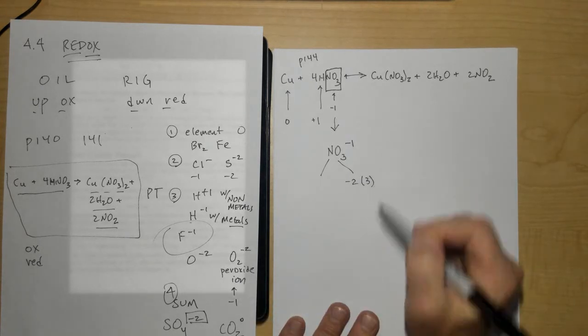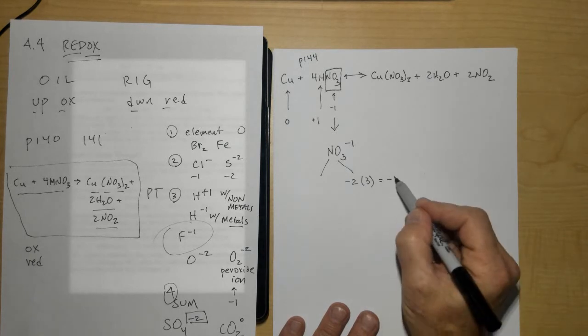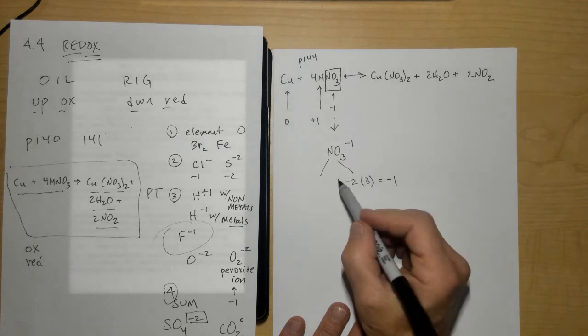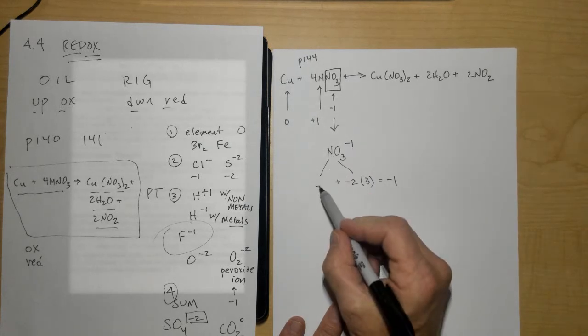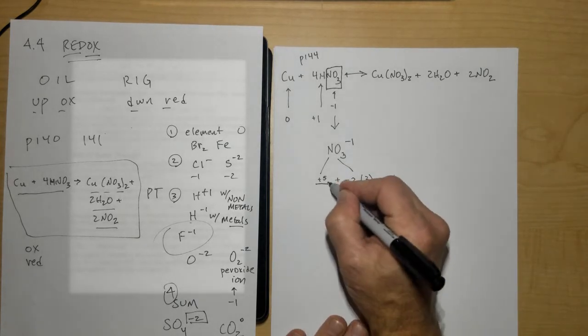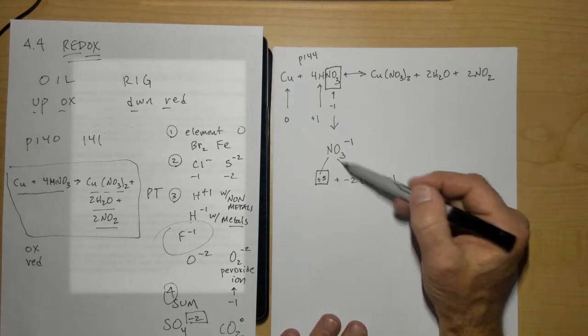There are 3 of them in this polyatomic ion. I know it's got to add up to -1 because I know nitrate is -1 inside of this compound. And nitrogen would then have to be some charge, and I don't know what it is, but when I add it to -6, it's got to end up being -1 total. So that means nitrogen's got to be +5 in this case. So nitrogen's +5 over here, oxygen's -2.